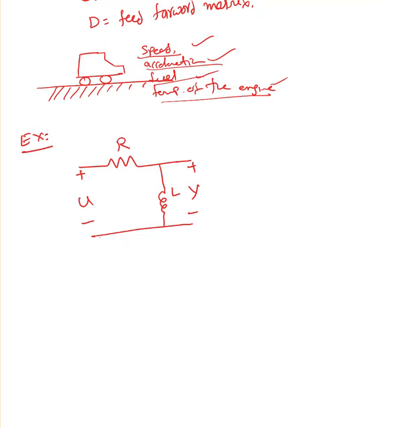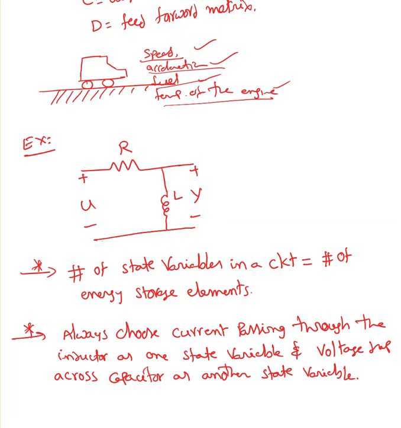Let me write down two important points. In any electrical circuit, the number of state variables is always equal to the number of energy storage elements. In this circuit, I have only one energy storage element, so I'm going to have only one state variable.